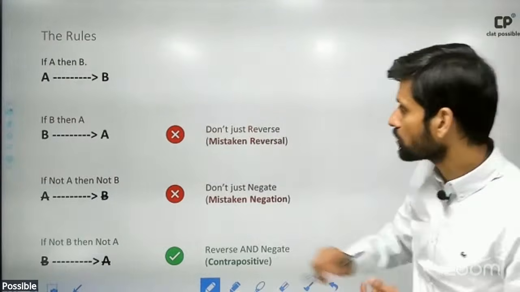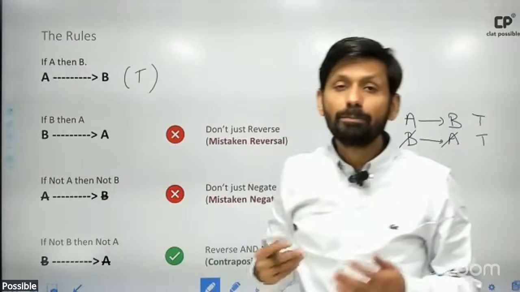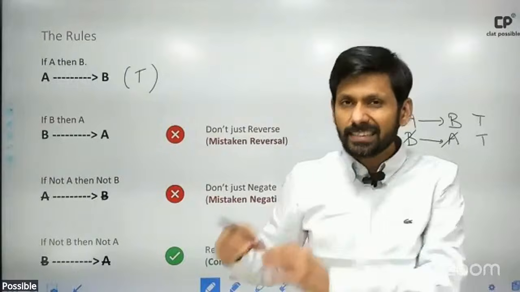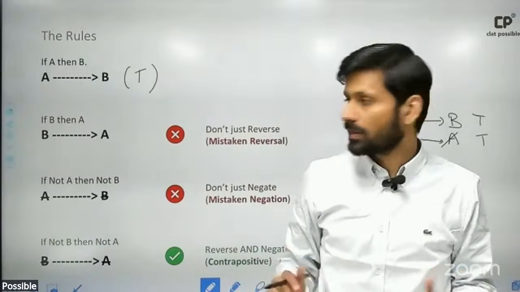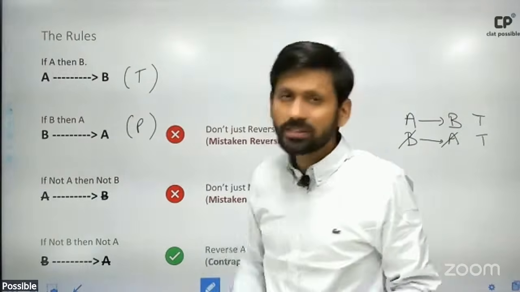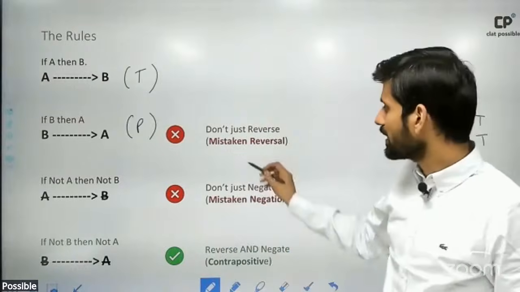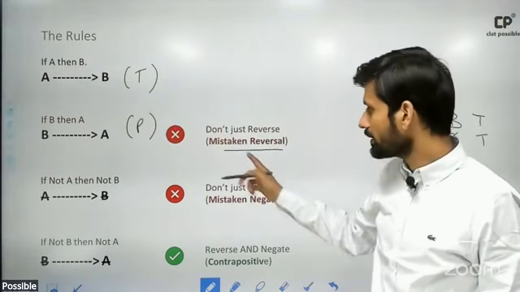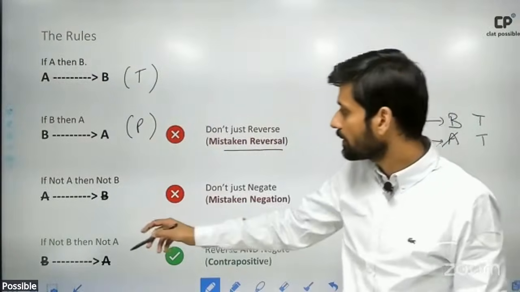If this is given as true, तो say B then A, Prime Minister, citizen: say citizen then Prime Minister does not follow. It is a possibility though, it's not false, it is a possibility, but it does not follow. उसको हम बोलते हैं mistaken reversal. We are reversing the positions, right, so mistaken reversal because it does not follow. It is only a possibility.